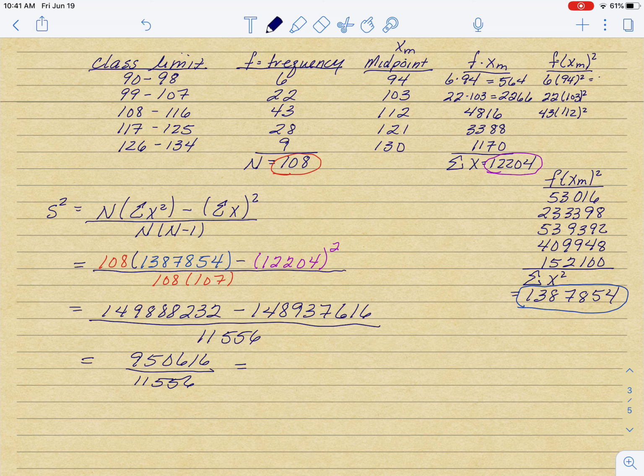I get 82.3. We have to go at least one more decimal place than the data that's given. All right, now that is our variance. This is our sample variance.